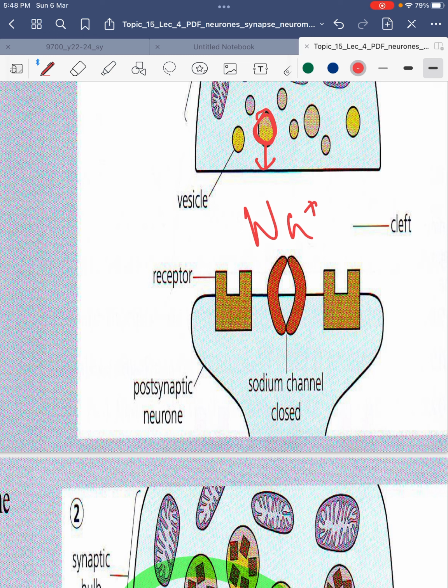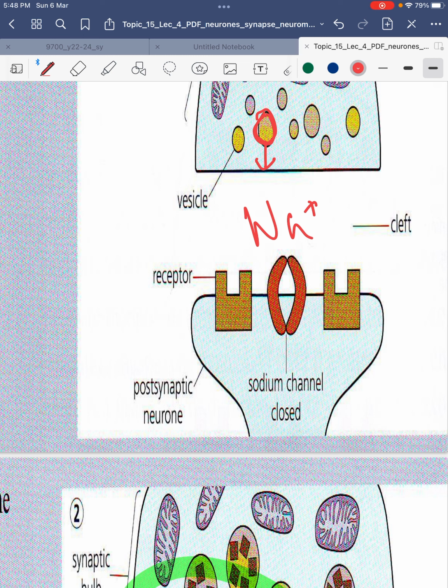So the arrival of the nerve impulse will cause the calcium channels to open, and calcium will enter, and that will cause the vesicle to fuse with the presynaptic membrane.